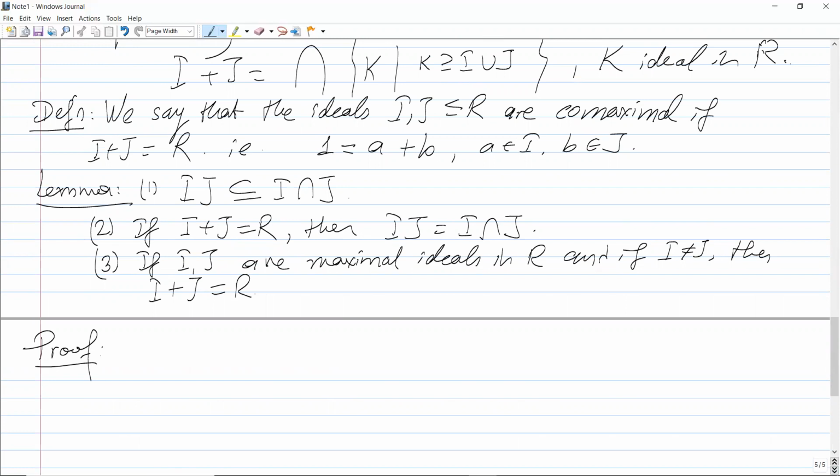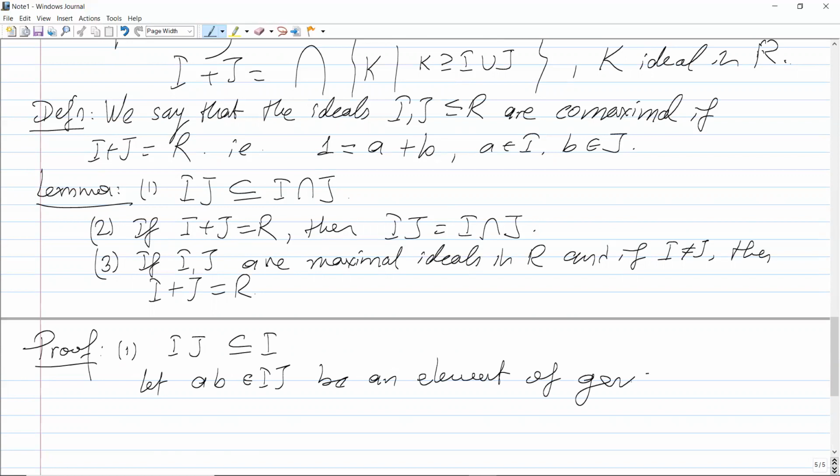Remember, the first one is I times J is inside I. The reason is that if you take any generating element, let A times B be an element of the generating set of IJ.